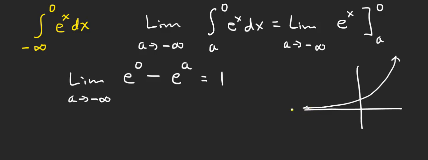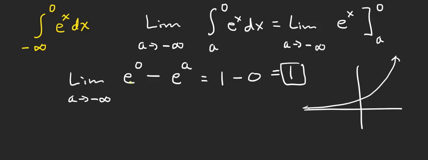It's going to 0, isn't it? So it's 1 minus 0, which is 1. So in this case, we have a finite answer, so we say that this integral converges.